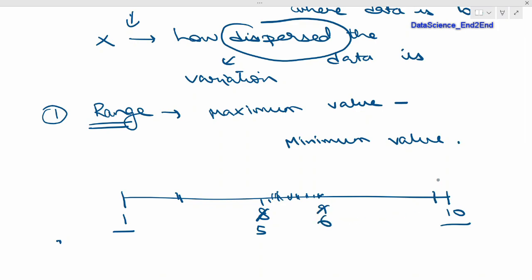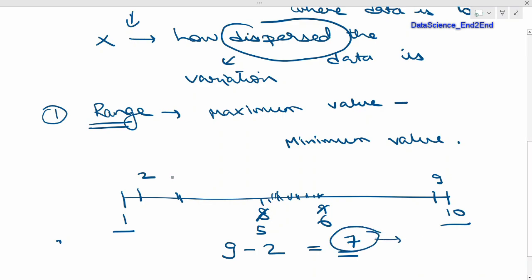And there is only one student who secured the score of 10, and only one student who secured the score of 2. Now, based on the formula of range, we subtract the minimum value, 2, from the maximum value attained, which is 9, and we get 7. So the range is 7, which is a big number based on the minimum and maximum values. So there is some variability.